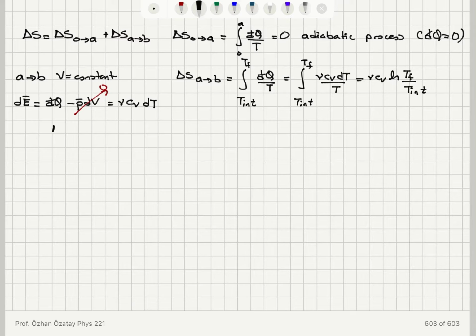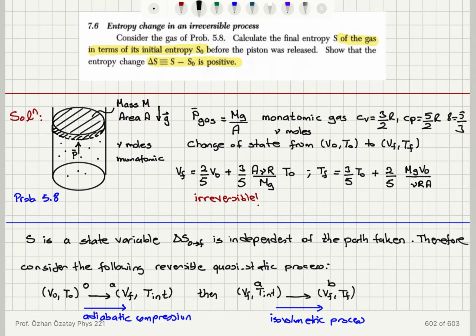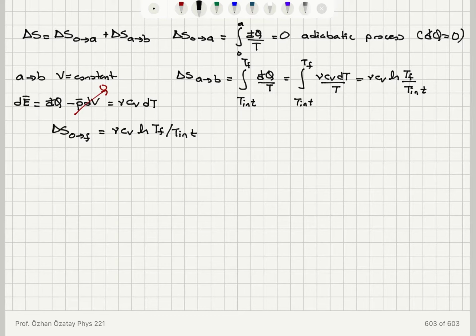So therefore, the entropy change I'm looking for from 0 to B is equal to nu CV natural logarithm T final divided by T intermediate. So now I have to calculate what T intermediate should be. So the first process that I'm doing is adiabatic compression. So let me start working on the adiabatic compression.